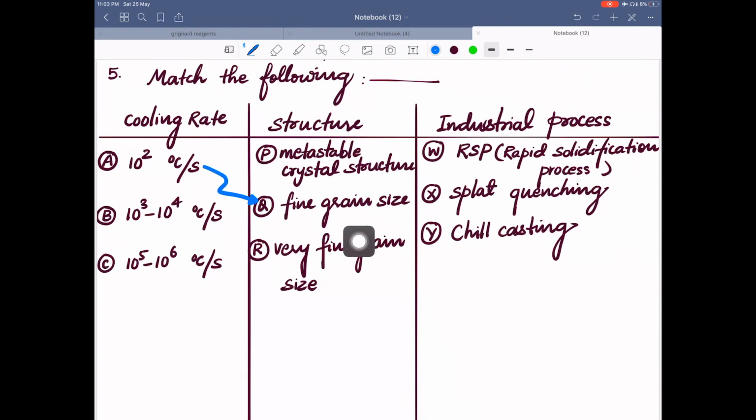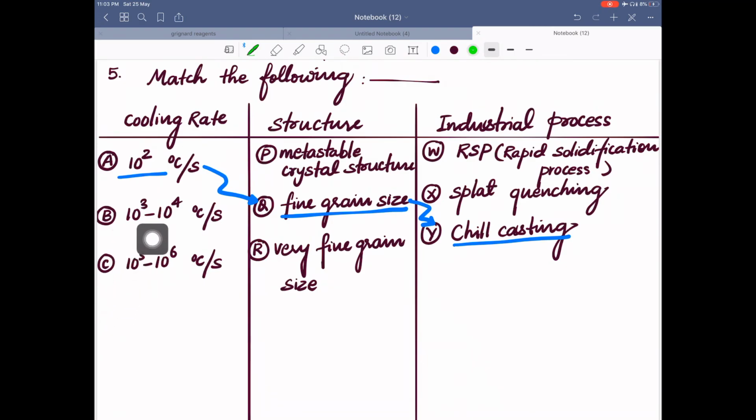After that, this special type of process is related with chill casting. So this is chill casting, and this chill casting has this type of cooling rate, that is 10⁻² degree centigrade per second.